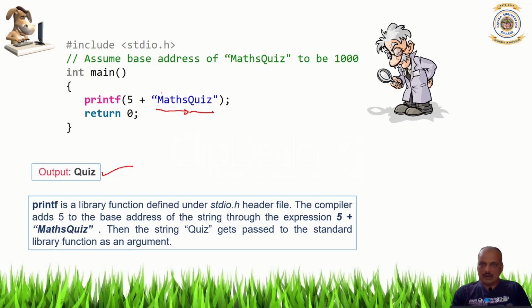So 1, 2, 3, 4 and 5. This pointer which was initially pointing to this part now points to this and starts printing from there on. So instead of printing math quiz, it just prints quiz out. Okay, fine.